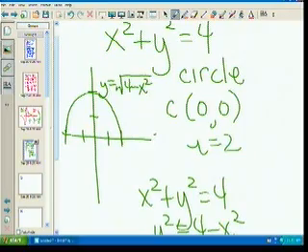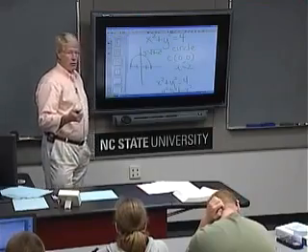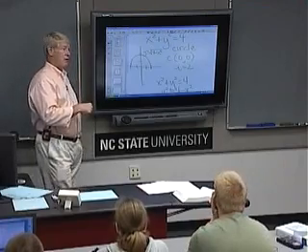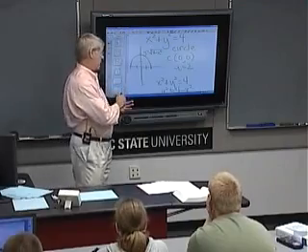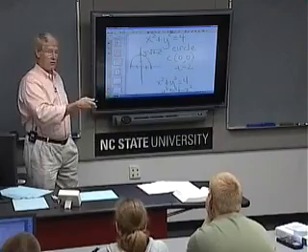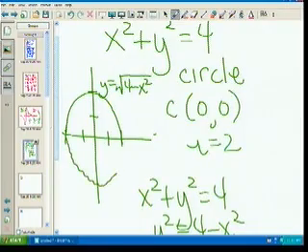We could take that derivative. I think we can get to the derivative quicker by using implicit differentiation, and we won't have to go through that process of solving for y in terms of x, deciding which is which. By the way, what would the equation of the lower semicircle be? The negative square root.